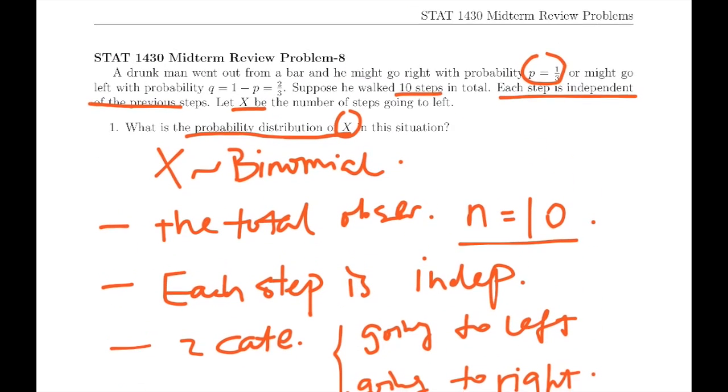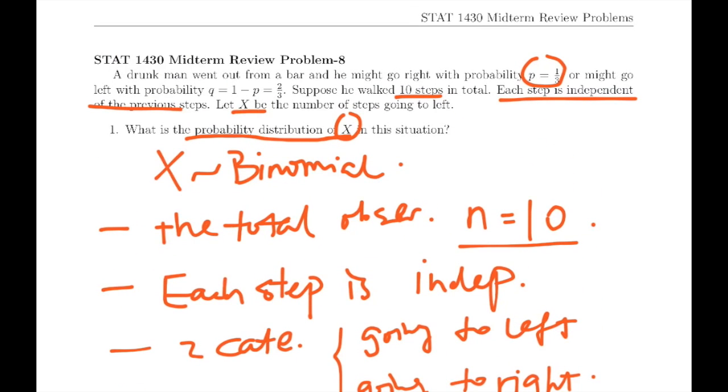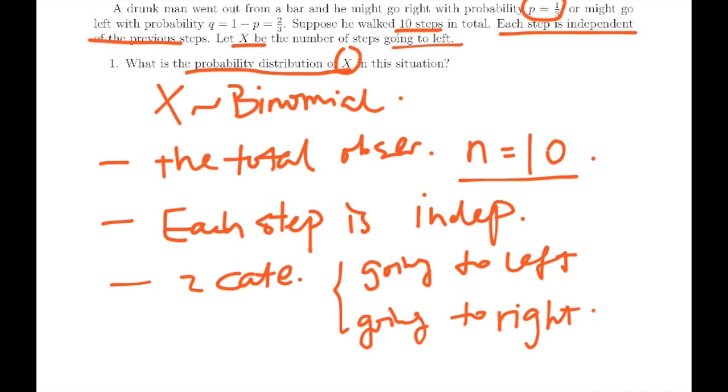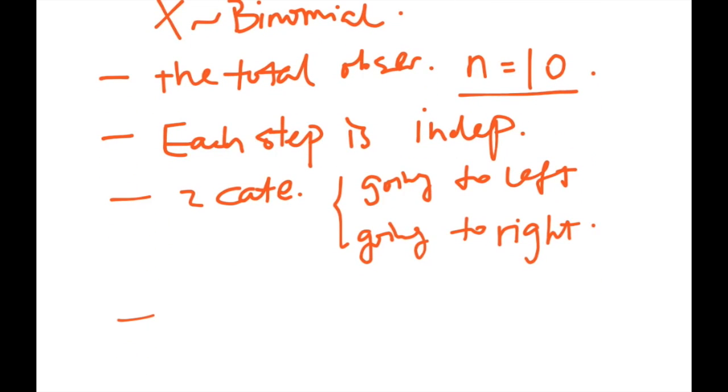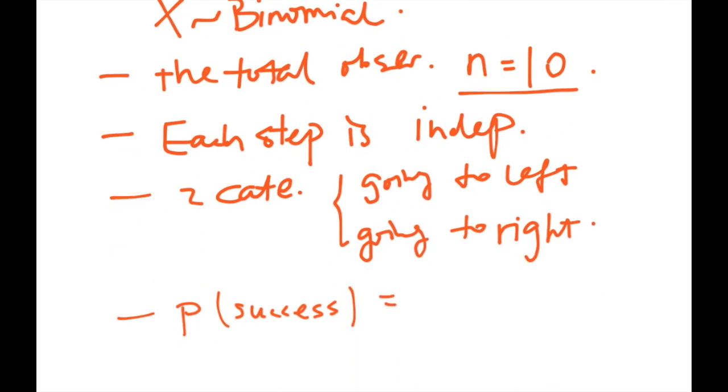Here, because our X is the number of steps going to the left, I'm going to let the success event be the event of going to the left. Then the probability of success is the probability of going to the left, which is equal to 2/3.